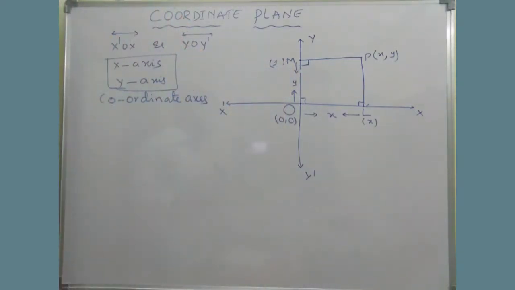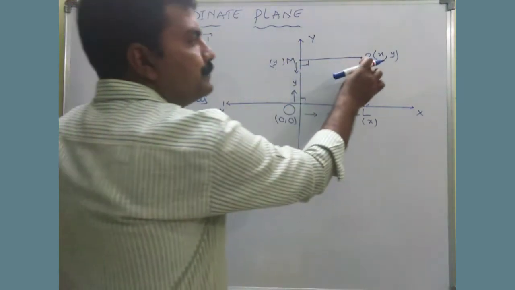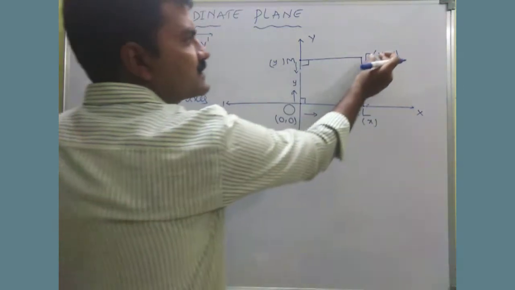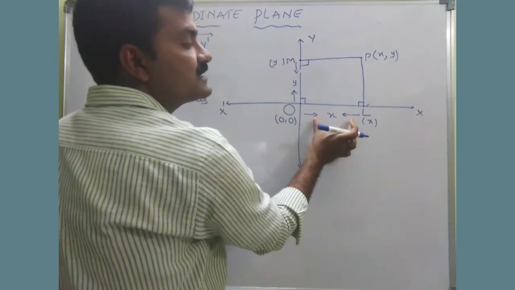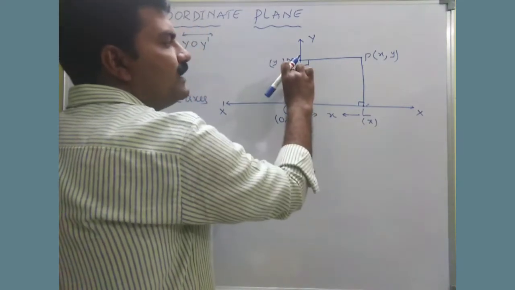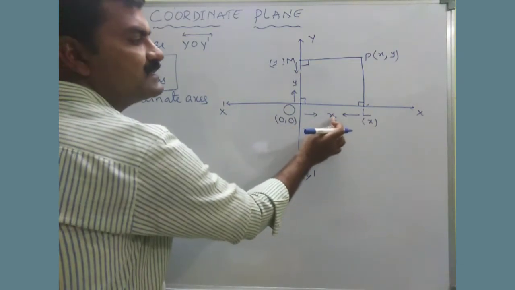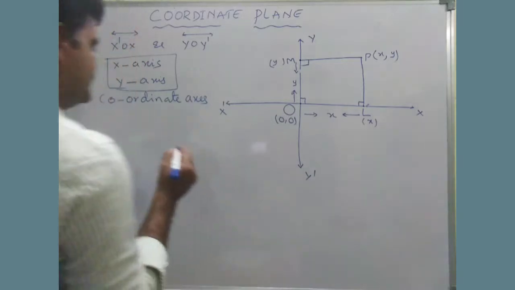Let x comma y, small letters, be the two real numbers assigned to L and M respectively. Then the coordinates of point P are denoted by (x, y). Small x is the directional distance on the x-axis and small y is the directional distance on the y-axis.